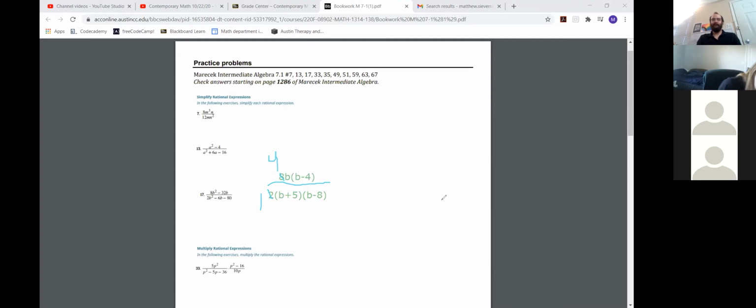If it's 1, can we just leave the 1 out, or does the 1 have to be on there? No, when you finish this in the end, it's probably not even gonna be there. Like it's gonna be 4B, B minus 4 over B plus 5 and B minus 8. At least that's how I wrote it. I don't know if the points be taken off. That's exactly what I'd write. Awesome. No, that 1 doesn't need to be there, and it typically won't. Okay.